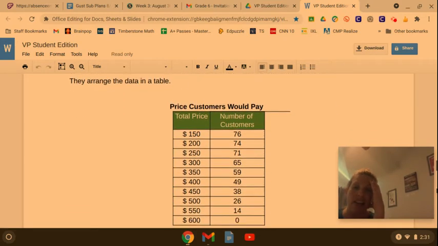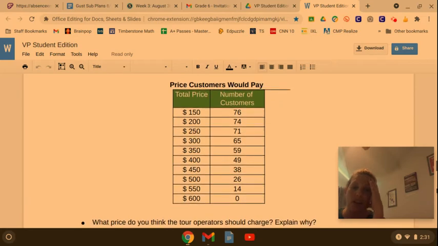They ask people, would you pay $150 to take the tour? And 76 people say yes. They ask those same 76 people, would you pay $200 to take the tour? And 74 of them still say yes. They ask those same 74 people, would you pay $250 to take the tour? And 71 of them say yes.